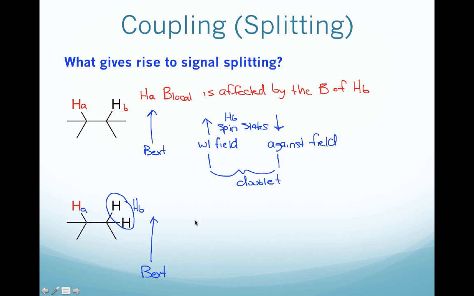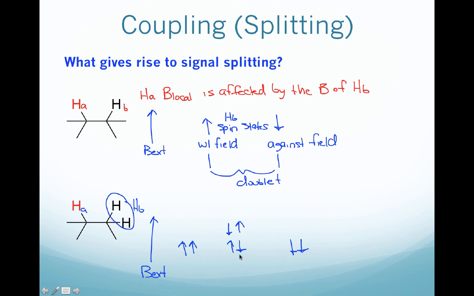So one option is that the spin states of both HB protons are aligned with the field. Another option is that they're both against the field. The final option is, let's say this first one is with the field and the second one is against, or it can be the opposite: the second one is against the field and the first one with the field.